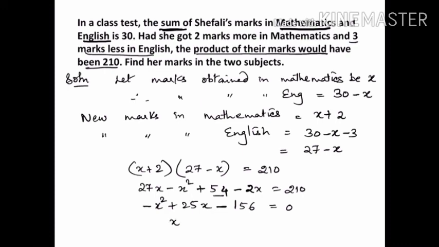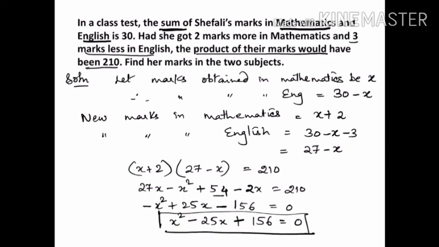Changing the signs throughout, so x square minus 25x plus 156 is equal to 0. This is in the standard form. Now we can solve this equation to find out x. Use any method that you are comfortable with.